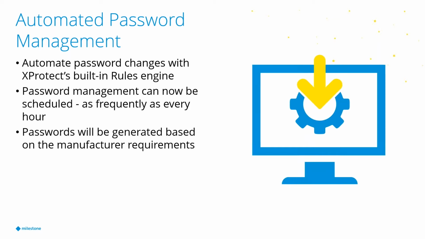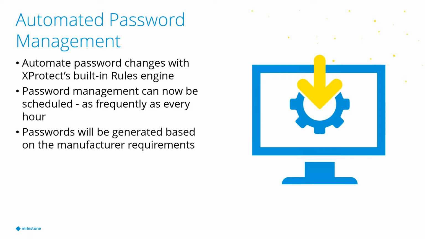So again, passwords can now be changed as scheduled. The frequency actually goes all the way up to every hour. Not that that's going to be a request for a lot of installations. If the IT department requires you to change the password on your device every hour, that's pretty extreme. But just know we do support that.